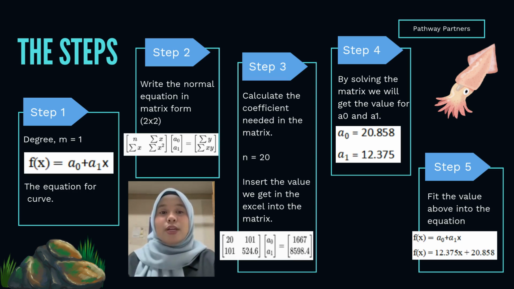In step 3, we calculate the coefficients by inserting our total values from the table into the matrix, using n equal to 20 data points, summation of x equal to 101, summation of x squared equal to 524.6, times the matrix of a0 and a1, equal to the matrix of 1667 and 8519.8.